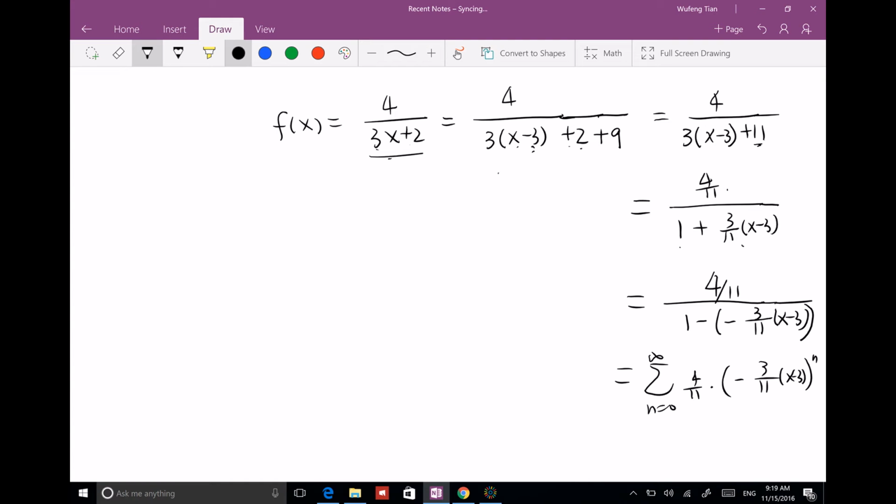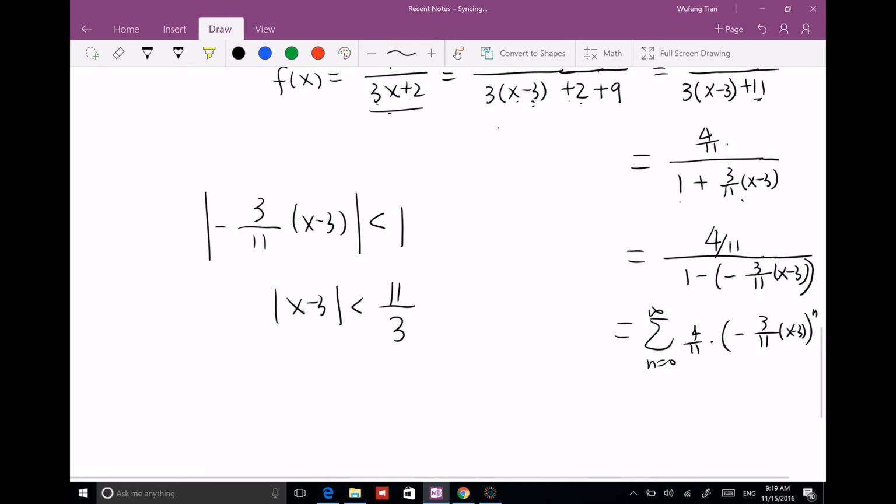Then I also need to do one more thing, which is find the radius. So 3 over 11, negative absolute value. But if you add absolute value, negative doesn't change anything. So the absolute value of negative 3 over 11 times x minus 3 will be less than 1. You get x minus 3 less than 11 over 3.